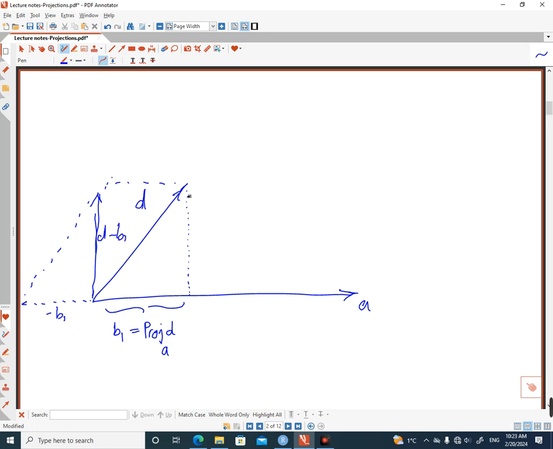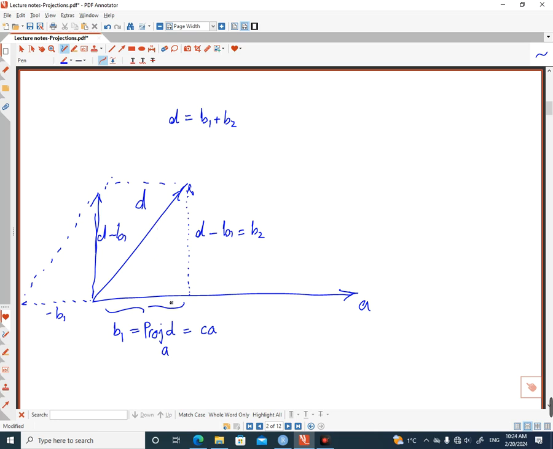So we can say that this vector here is the remainder, which is D minus B1, and we can call it B2. So if I come back to the theorem, it says that we can construct D as B1 plus B2. Once again, remember that this projection we denoted by CA.